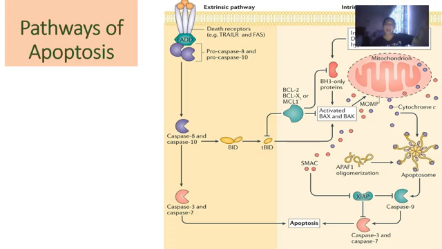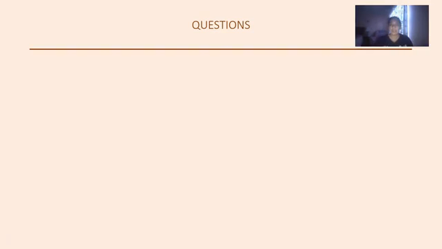So whether you activate caspase 8 through an extrinsic pathway or caspase 9 through an intrinsic pathway, the last caspase to be activated is the same. It's caspase 3. And they both lead to the same apoptotic response at the end of the day.